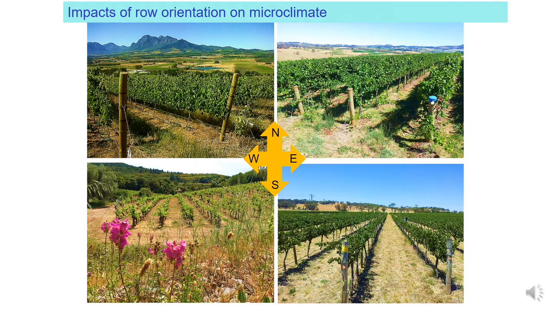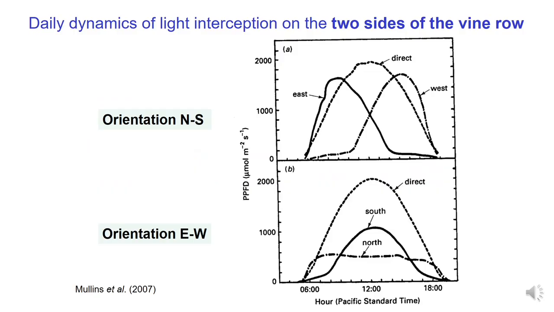I guess it's important to mention that, irrespective of canopy and bunch zone microclimate, row orientation is chosen according to topography and mechanization as well. This figure is showing that the daily interception of light and the daily evolution of temperature will depend on row orientation.